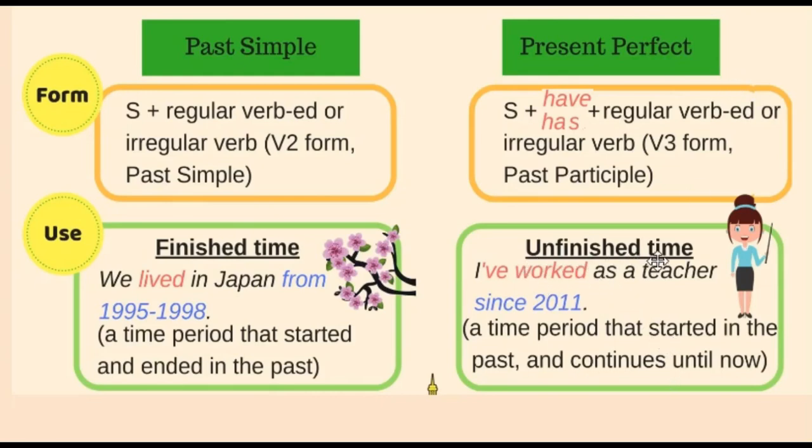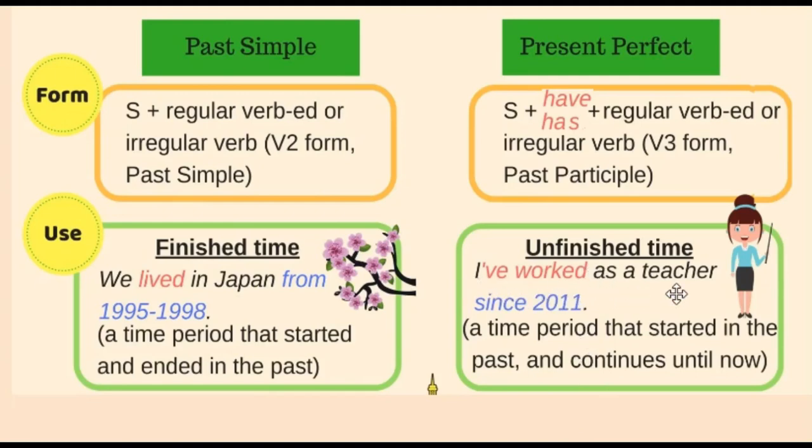First, the difference with past simple is that the time when the action happened is unclear, from the context or from the sentence. The time is unclear.